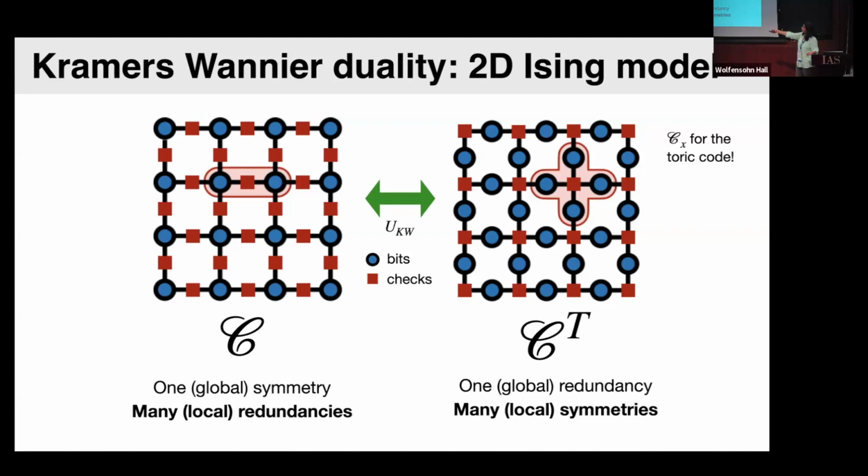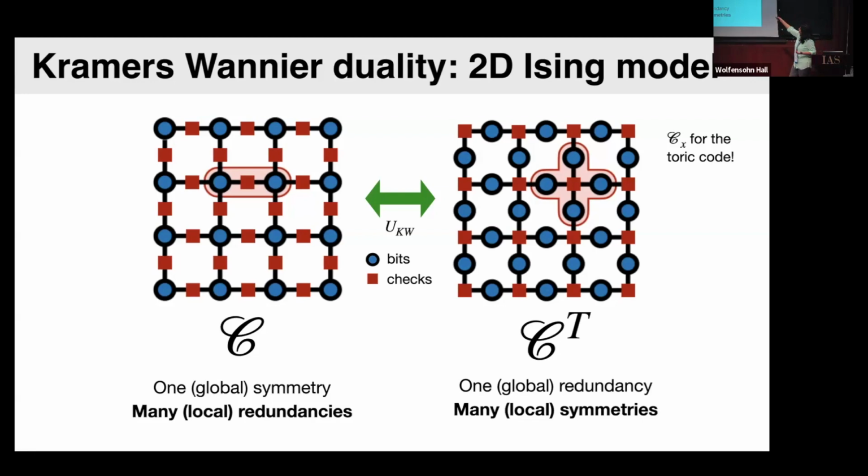And you know that you have one global symmetry for this Ising model, because you can flip all the bits, and that's your Ising symmetry. And as we discussed, you have many local redundancies. Now, when I do this transpose map, which swaps bits and checks, your degrees of freedom now live on the links of this 2D Ising model, because those pick up: is there a domain wall through that link or not?